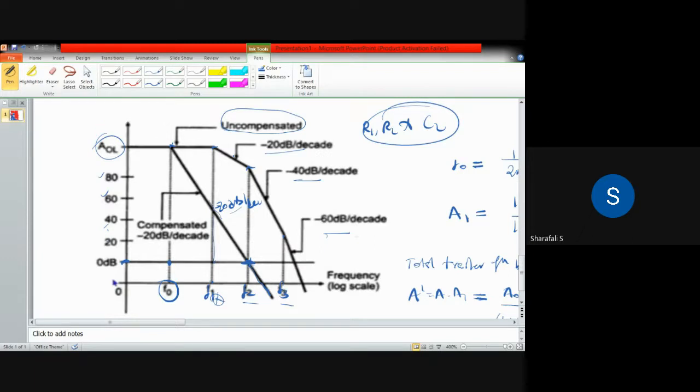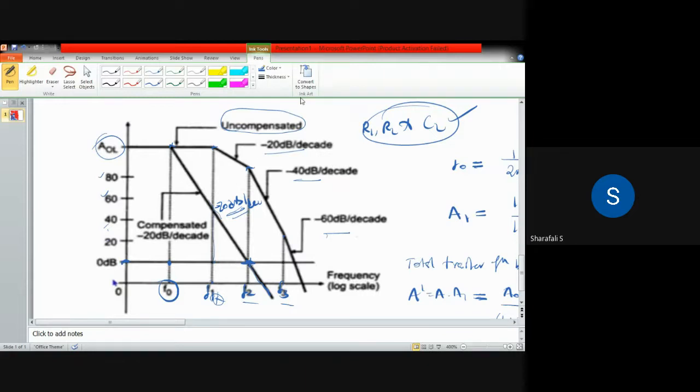So up to 0 dB, we need a very smooth variation of the gain with respect to frequency. Then only can we treat it as a very smooth variation of gain with frequency. Otherwise, there is still one more break frequency and one more slope coming within that 0 dB. So these values have to be taken in such a way that there is one more pole at this point, varying the gain at the rate of minus 20 dB per decade up to that 0 dB.